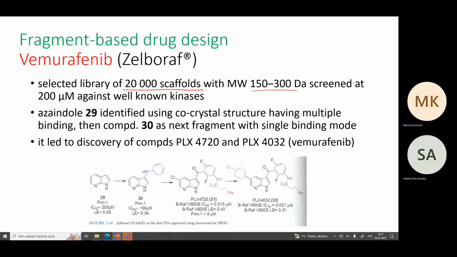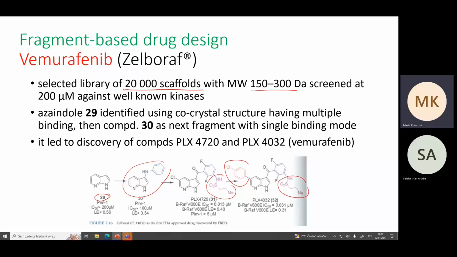And it afforded the compound 29, which is an azaindole that bound well to the binding site, and via adding some substitutions in the molecule, the final structure grew into the compound 32, which is the clinically used vemurafenib for treatment of melanoma cancer.